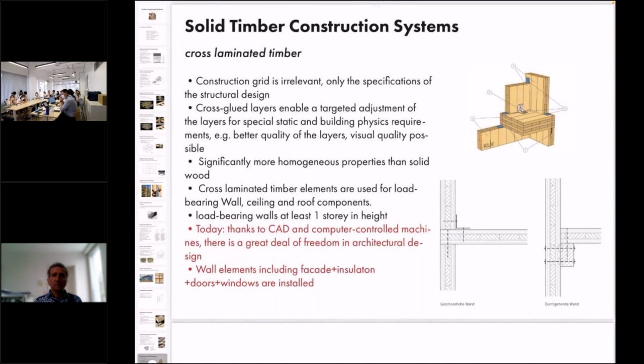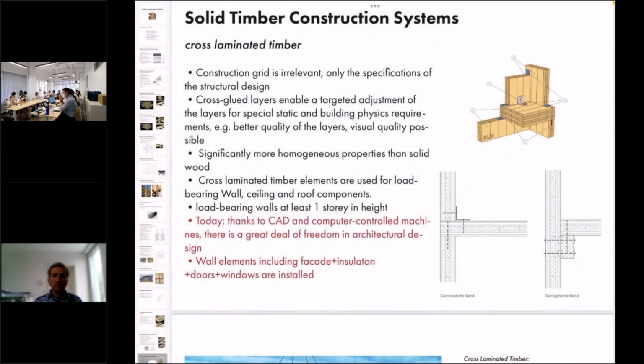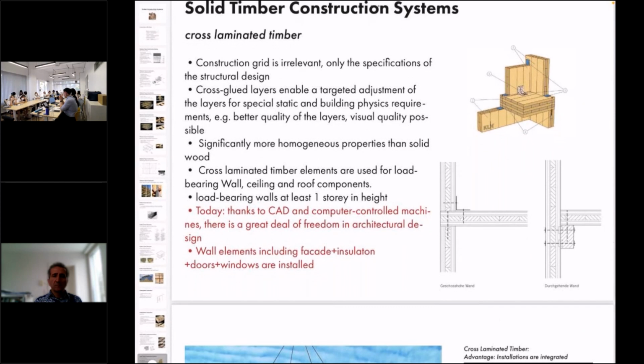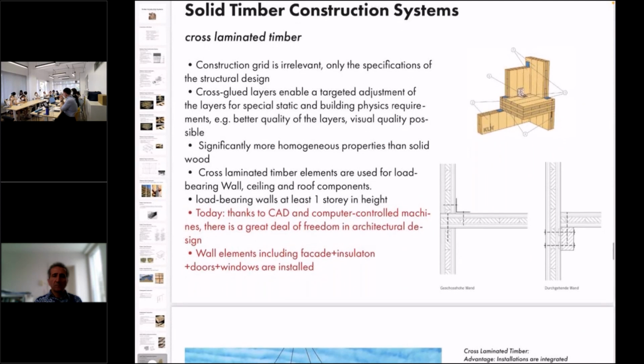So due to the cross-lamination of the single pieces, those negative characteristics in the other direction vanish, and you basically eliminate the disadvantages of a wood structure. And it's better because there's less movement due to the water loss.